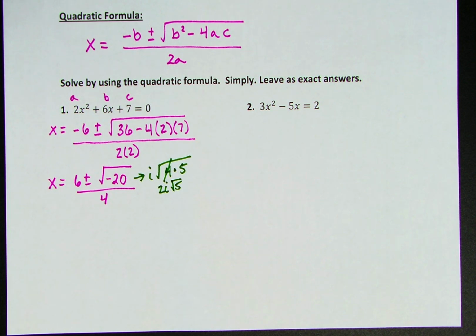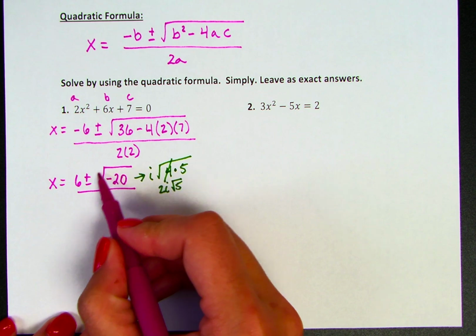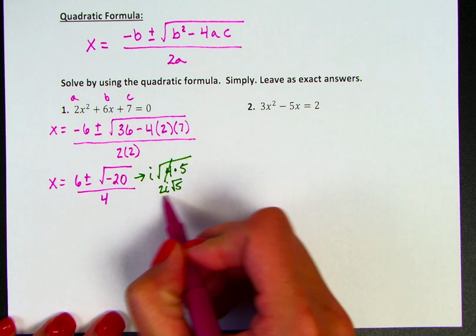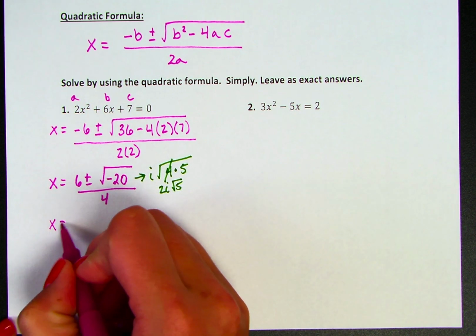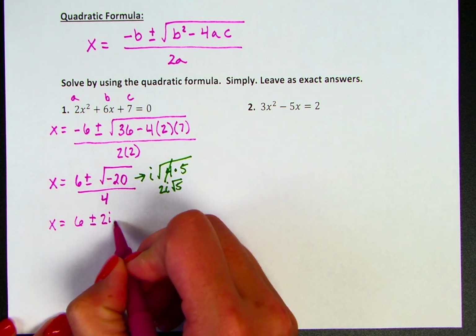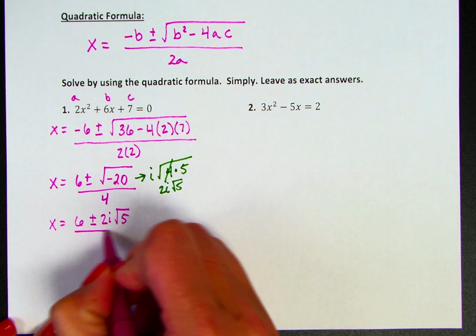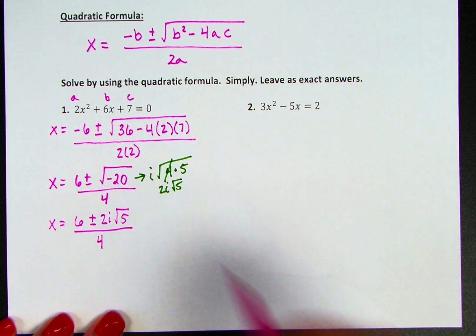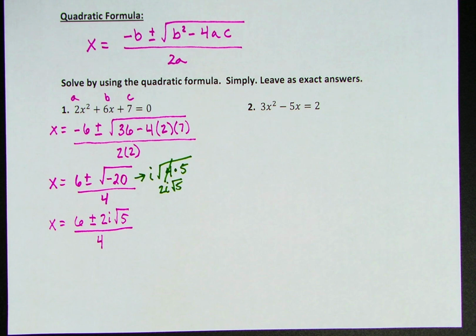Okay? So on our next step, I'm replacing this square root of negative 20 with what it simplifies to. So x equals negative 6 plus and minus 2i square root of 5, and then all over 4. Now, just like with simplifying our complex fractions, when we have that radical in there, it's the same process.